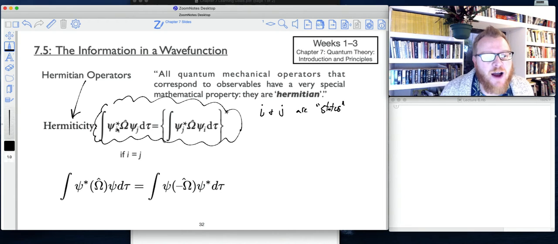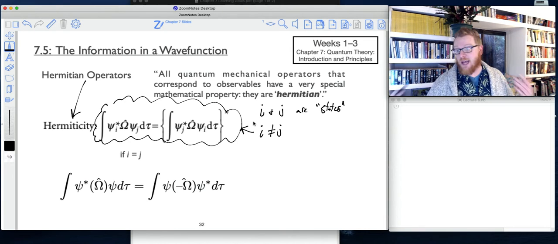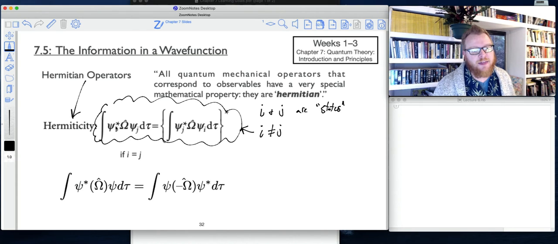So in the case of i and j being different, so here i and j not equal to each other, again perhaps i is a ground state, j is an excited state, then hermiticity is the following. We take the complex conjugate of the wave function of state i, okay? And then we have our operator that we are testing for hermiticity.